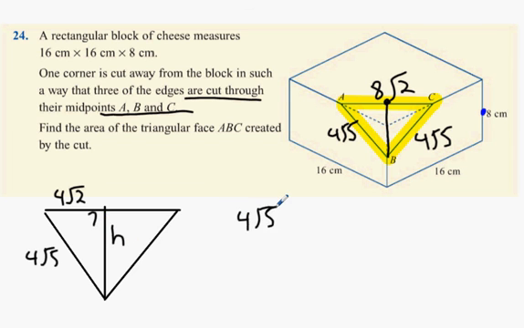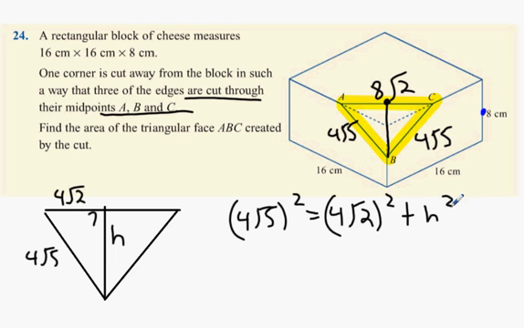4 root 5 squared equals 4 root 2 squared plus h squared. 80 equals 32 plus h squared. H squared equals 48, so h equals root 48.